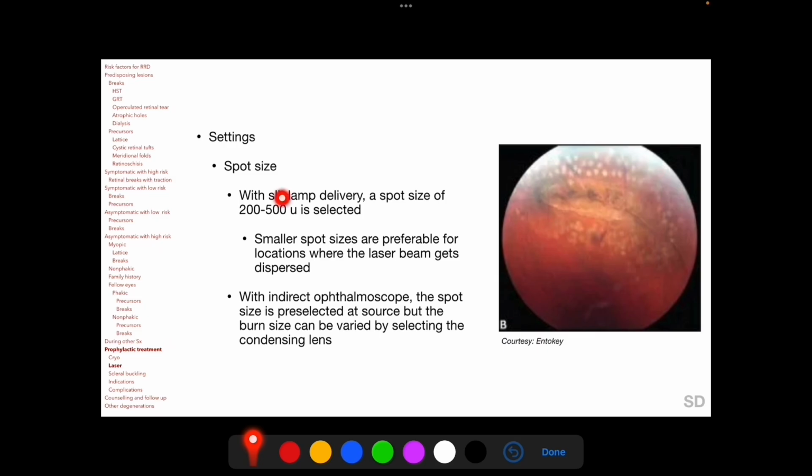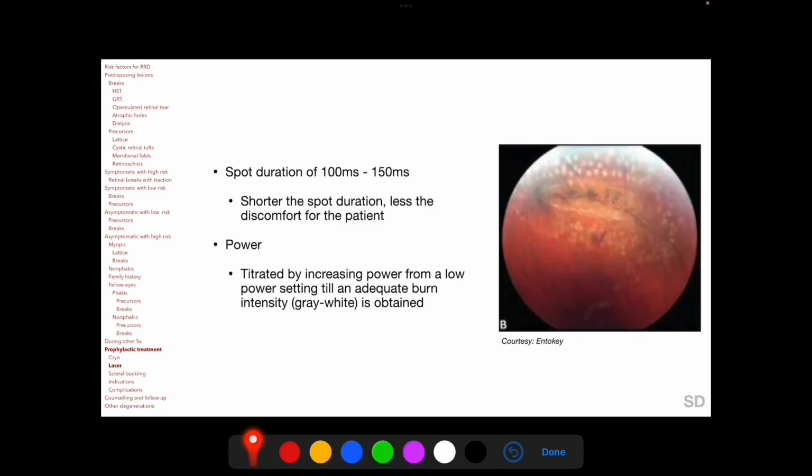With slit lamp delivery, a spot size of 200 to 500 microns is selected, but with indirect ophthalmoscope, the spot size is pre-selected at the machine, but the burn size can be varied by selecting a condensing lens of a specific dioptric power. The spot duration is usually 100 milliseconds to 150 milliseconds, and the shorter the spot duration, the less the discomfort for the patient.